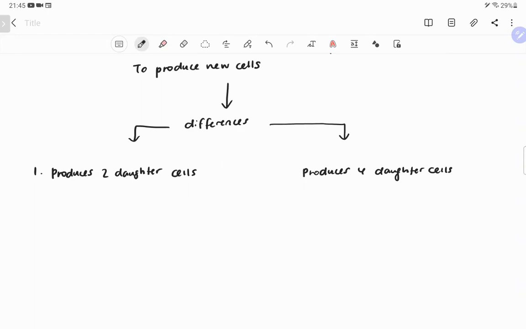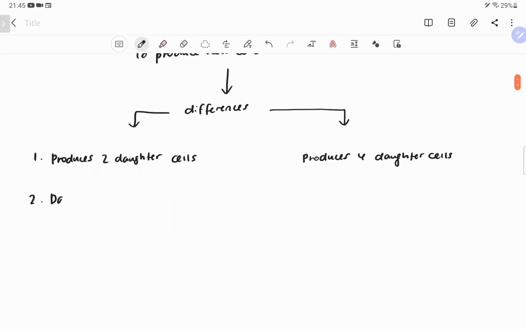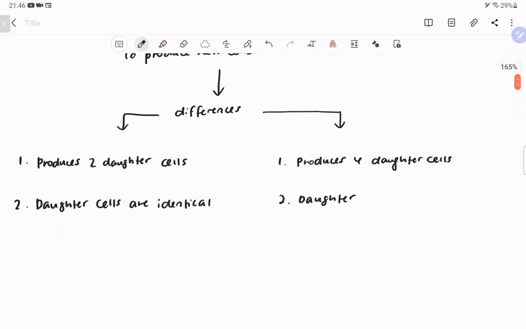Then, of course, the second one, what else can we think about? Daughter cells are identical. Sorry, daughter cells are genetically identical.